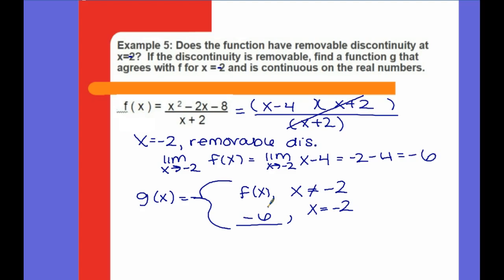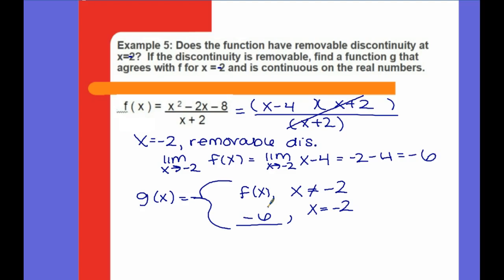So what we did is say, okay, here's a piecewise function. It's still f of x. But I'm going to create this new part of it and say that at x equals -2, it's -6. Those are the y values. Yes.